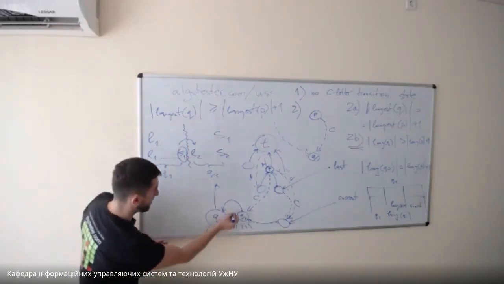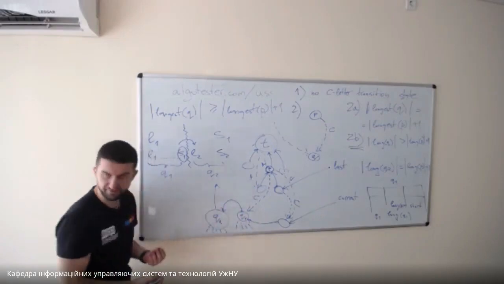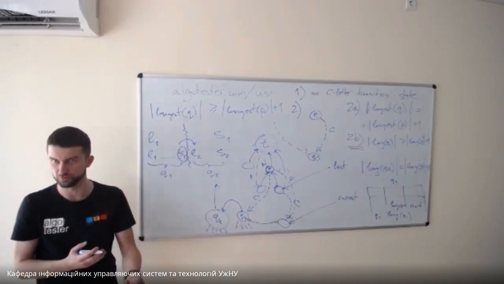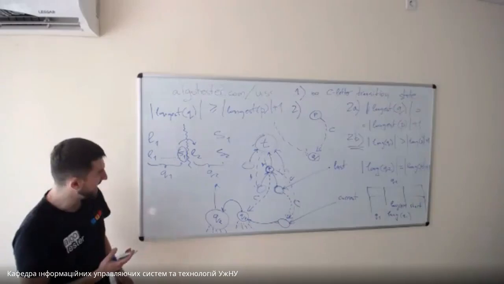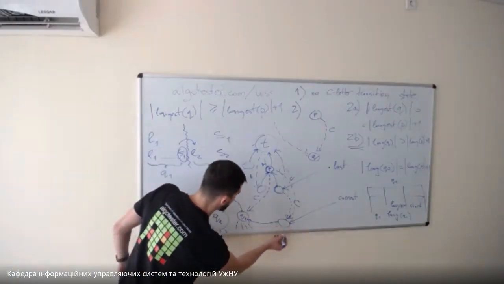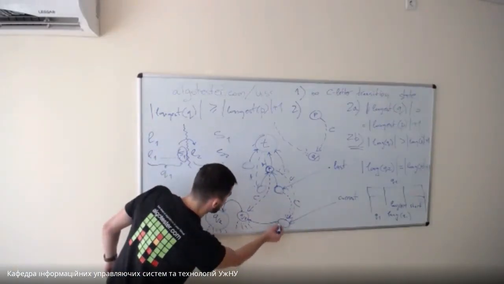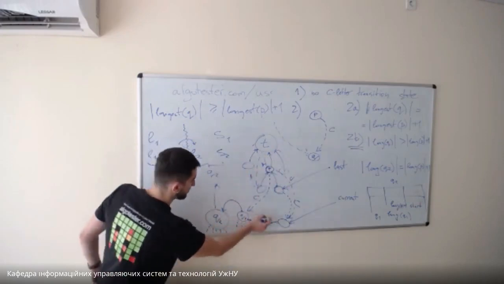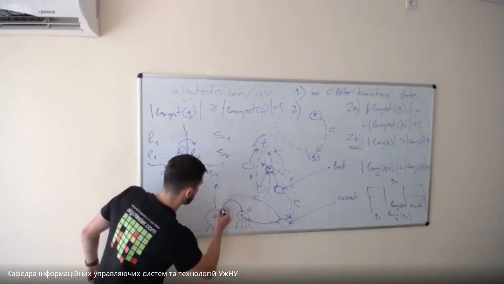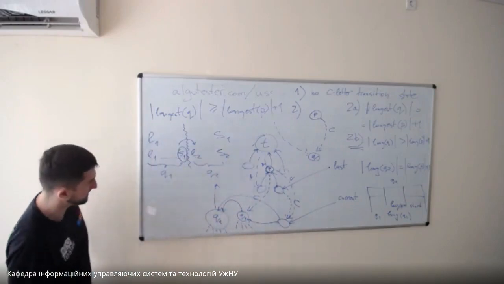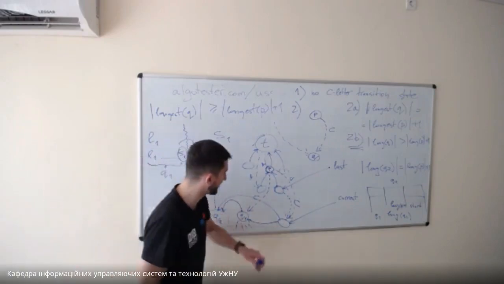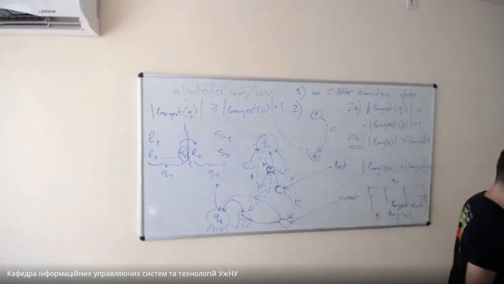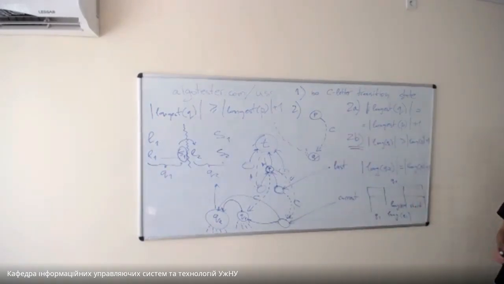So that's why we have to assign a suffix link from Q1 to Q2. As well as for the current vertex, we have to do the same, as that was the desired value. We'll assign a suffix link for the current vertex to be Q2.